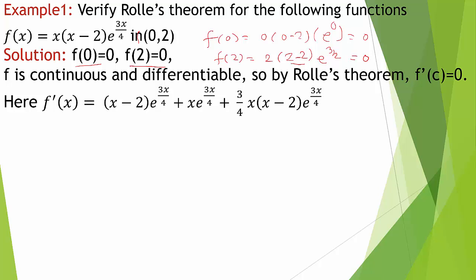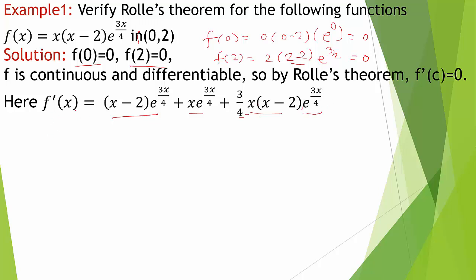We shall differentiate f of x. If we differentiate f of x, we get f dash x equal to derivative of x into x minus 2 into e raised to 3x by 4 as it is. Then x as it is, derivative of x minus 2 is 1 and e raised to 3x by 4 as it is, plus x as it is, x minus 2 as it is, and derivative of e raised to 3x by 4 is e raised to 3x by 4 into 3 by 4.